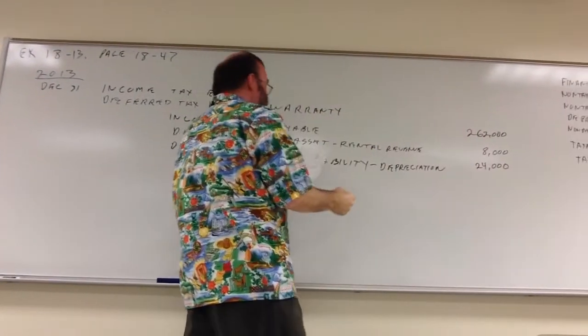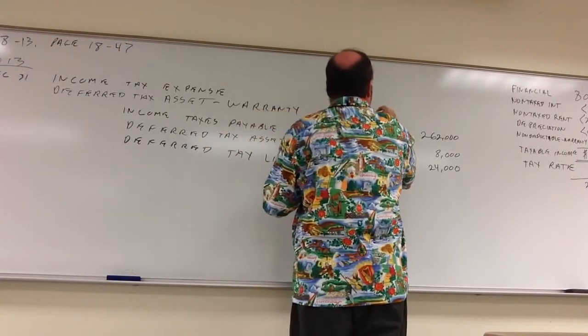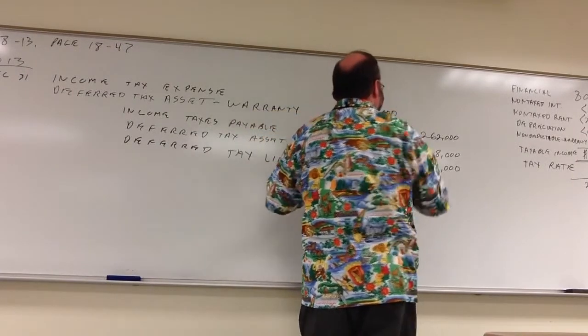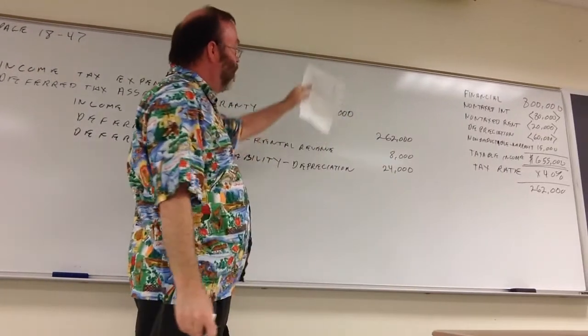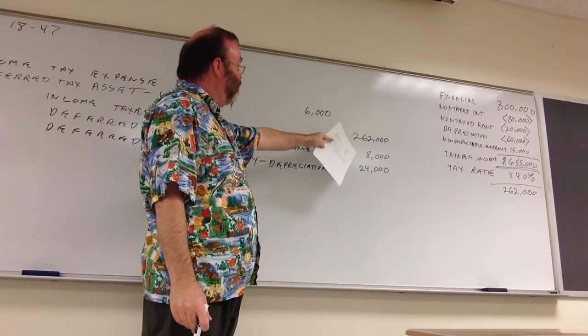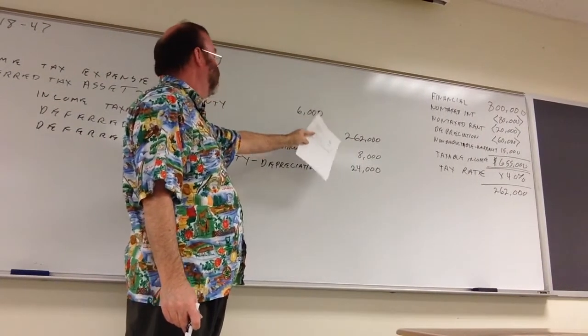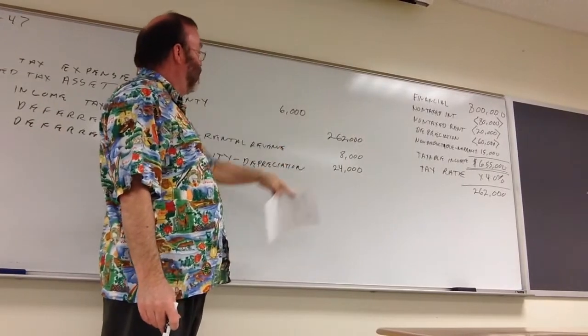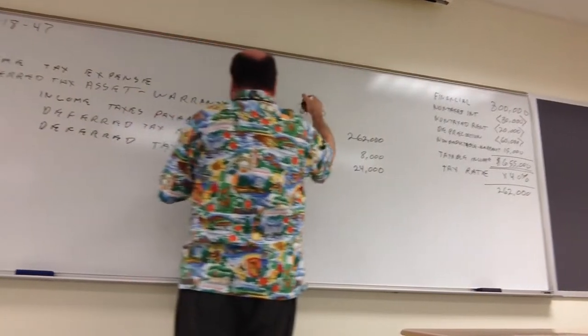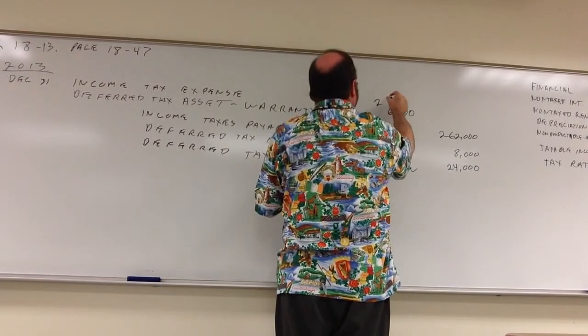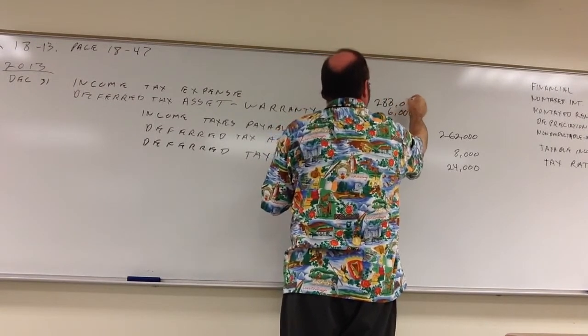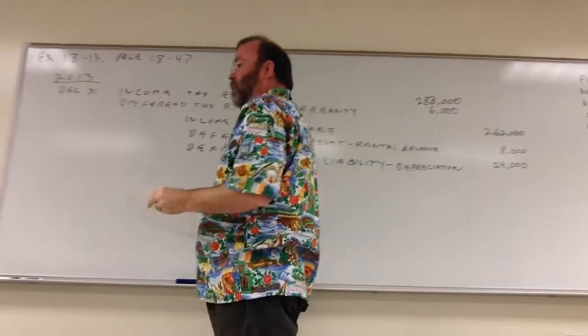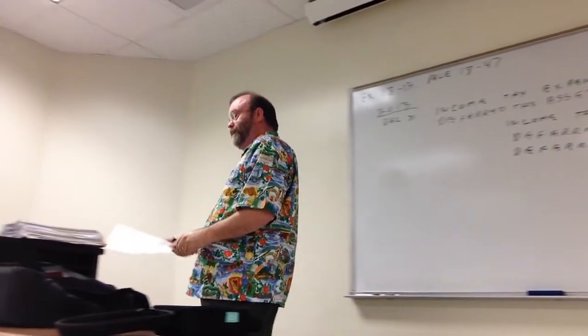If you take 40% of that, you'll get a $6,000 debit. Add all that up. 262 plus 8 is 270, plus 24 is 294, minus the 6 is 288. That is the income tax expense. See, it's like a little puzzle. Aren't these fun?